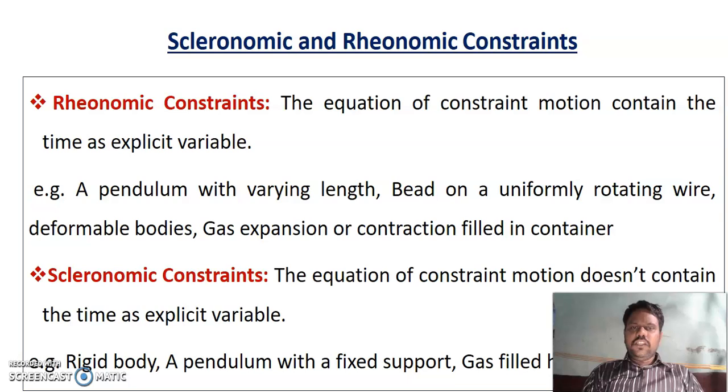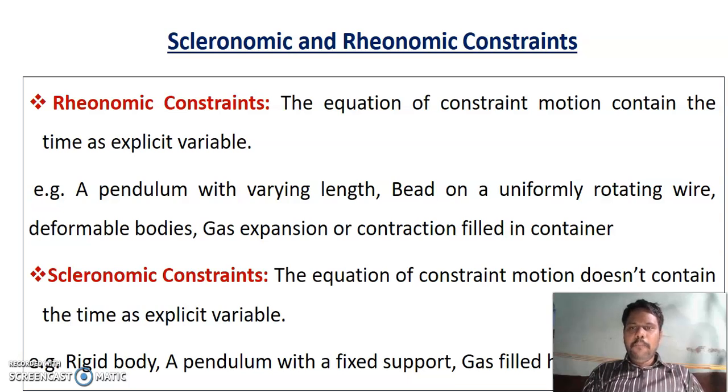In the previous session, we learned the constraint and their types, namely holonomic and non-holonomic. They are further classified into scleronomic and rheonomic constraints. If the equation of a constraint motion is dependent on time, they are known as rheonomic constraint.